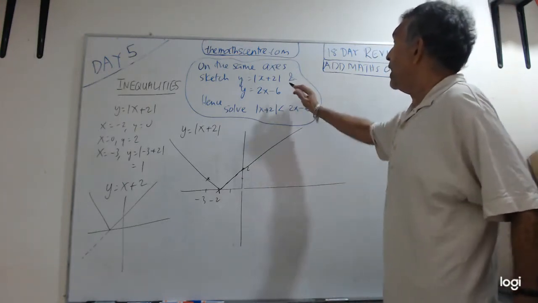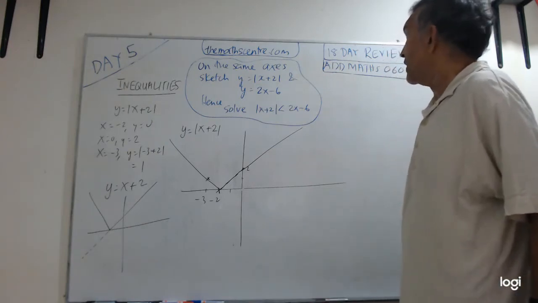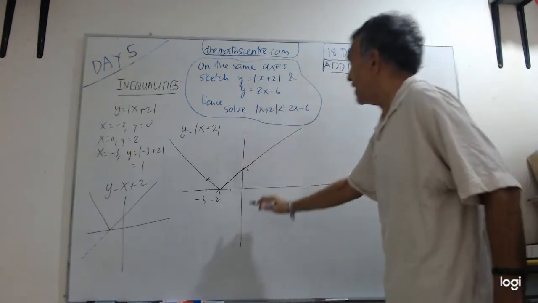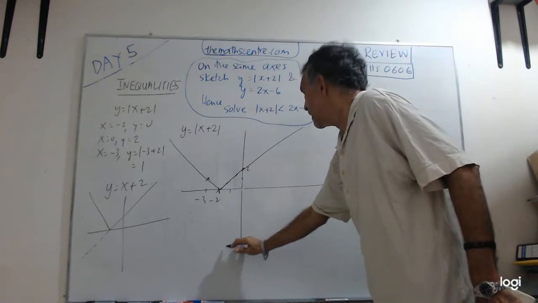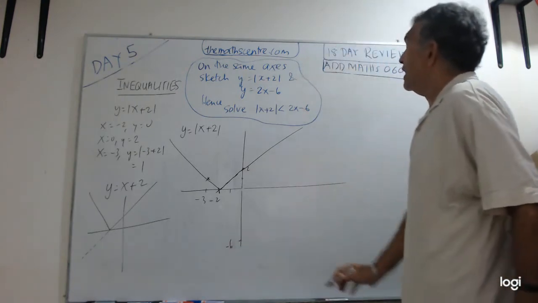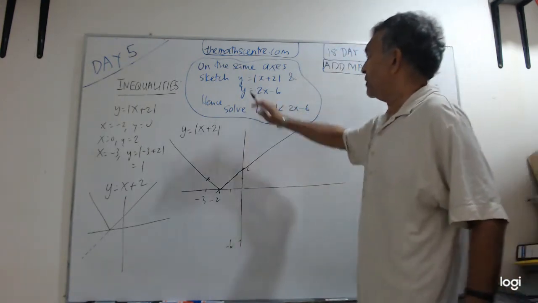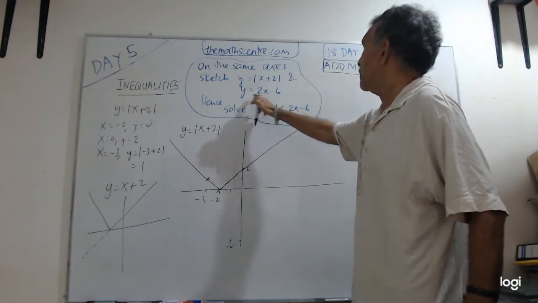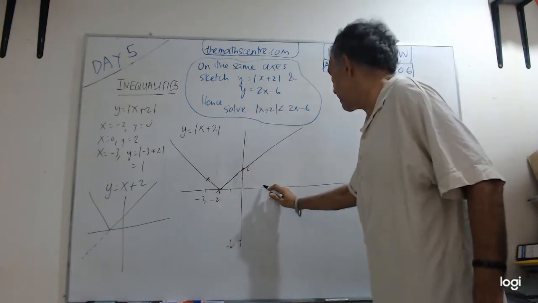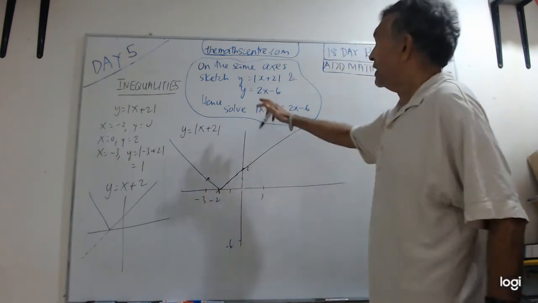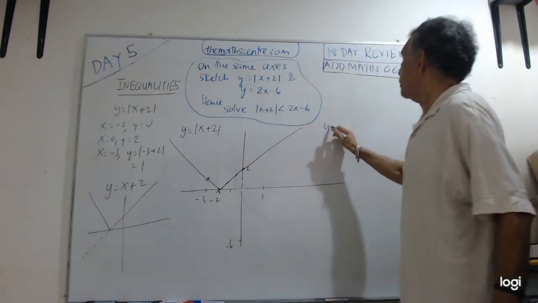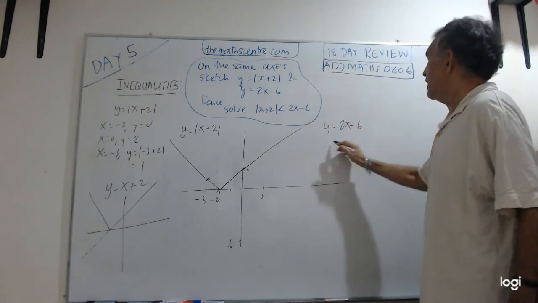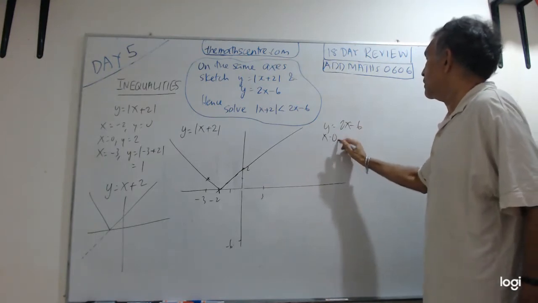And then we have y equals 2x minus 6. When x is 0, y is minus 6. When y is 0, x is 3. Let me say it again. We are trying to plot y equals 2x minus 6.